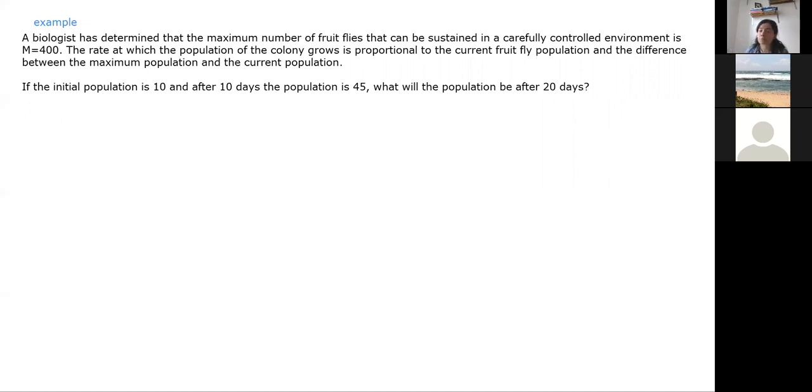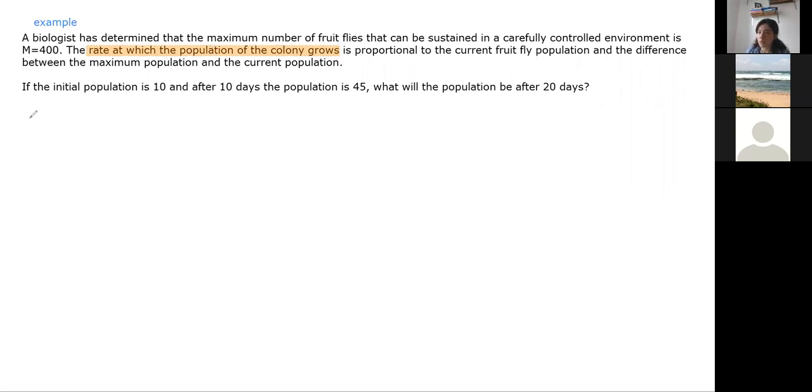So we have that a biologist determined that the maximum number of fruit flies is equal to 400, and the rate at which the population of the colony grows. So that means we're going to be looking at the derivative over here, right?